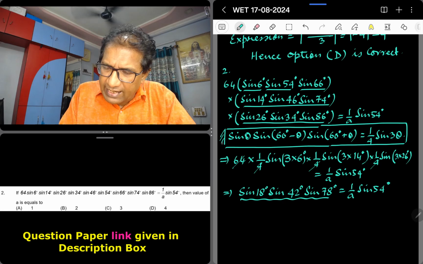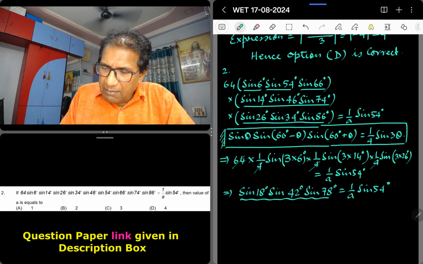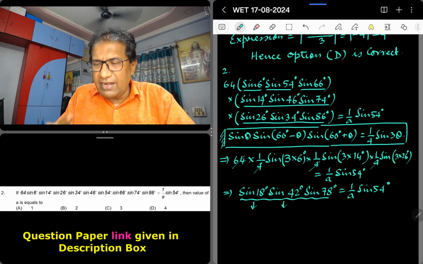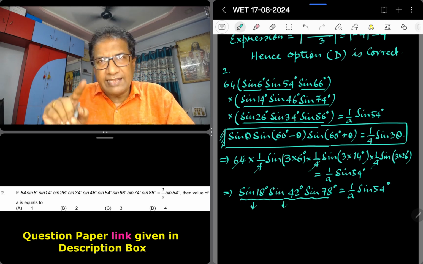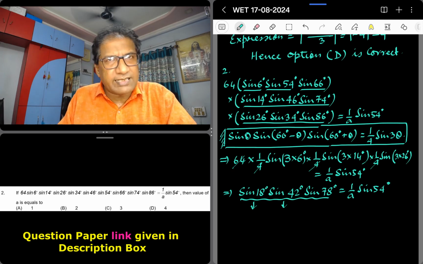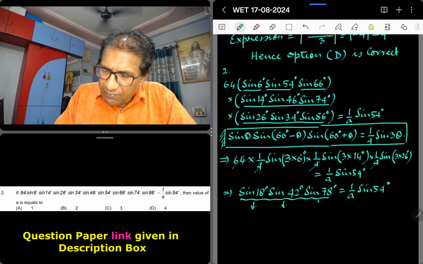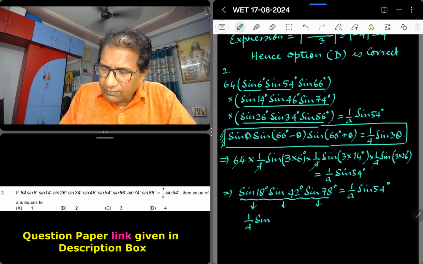Again, we can use the same relation here, because it is sine theta, sine 60 minus 18 degree, which gives us 42 degree, sine 60 plus 18 degree gives us sine 78 degree. So we can write this thing as 1 over 4 sine 3 theta, means 3 into 18 degrees.